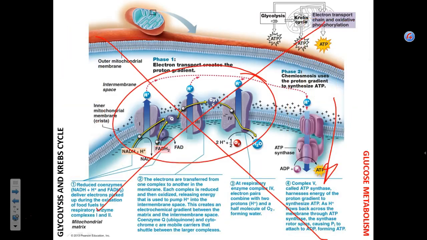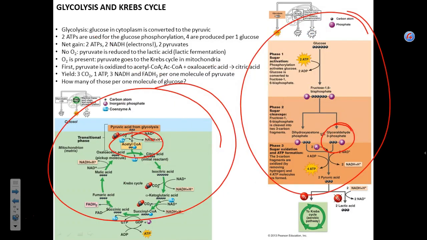Let me go back for a second and remind you where oxaloacetic acid is. This is oxaloacetic acid, and it is supposed to combine with acetyl-CoA. Correct? What if you don't have oxaloacetic acid anymore? Can it combine with acetyl-CoA? No, it can't.